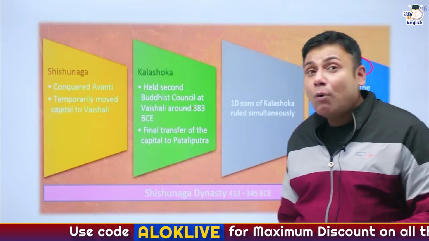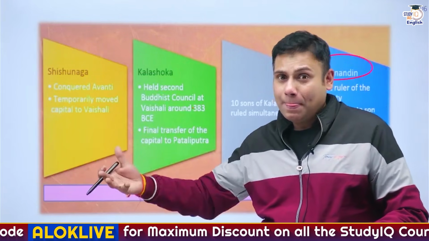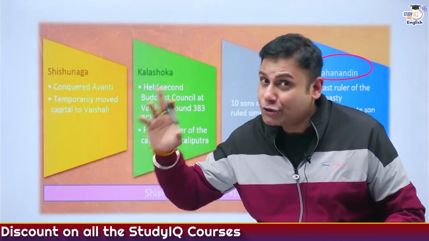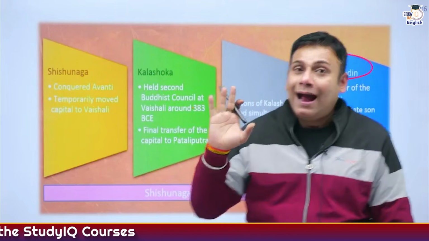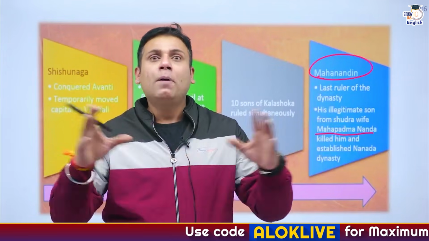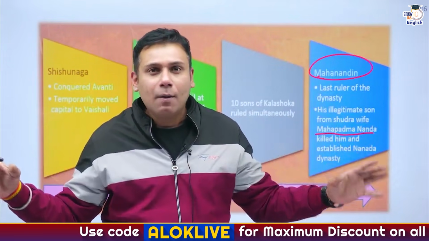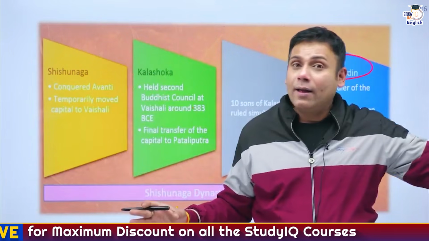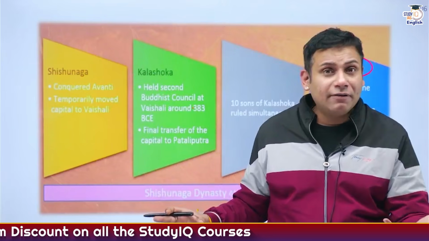Because he was born of a Shudra wife. Mahanandin was the last ruler of Shishunag dynasty, and he had a Shudra wife, and his son was Mahapadmanand. He was the most powerful among all his sons, but Mahanandin did not want him to become the ruler, because he was born of a Shudra wife.